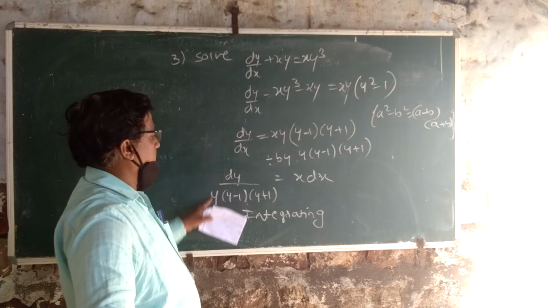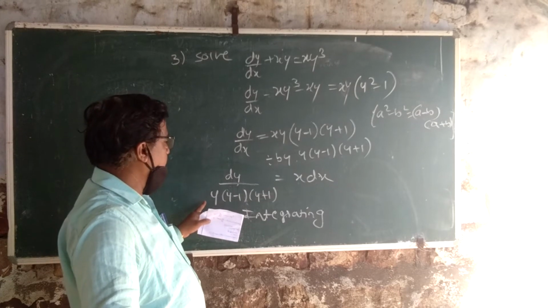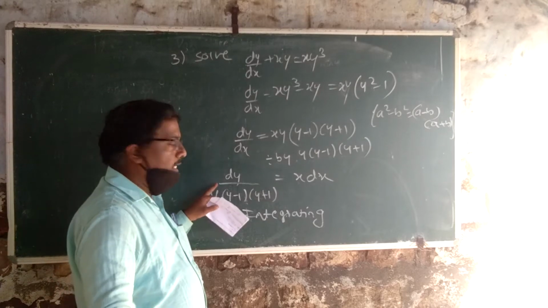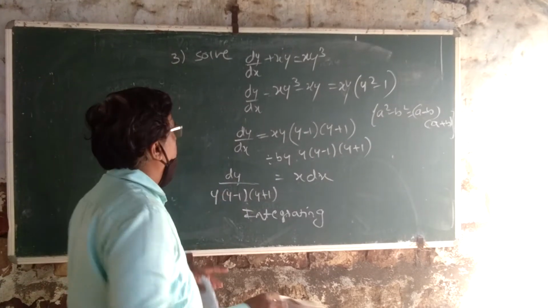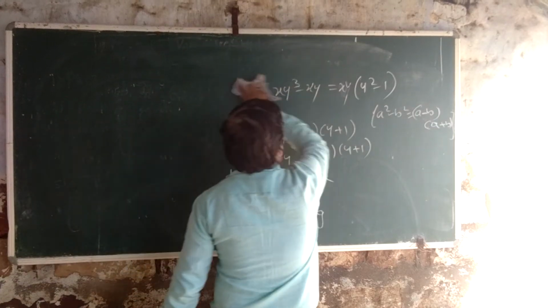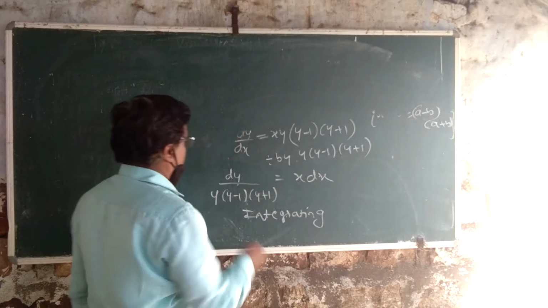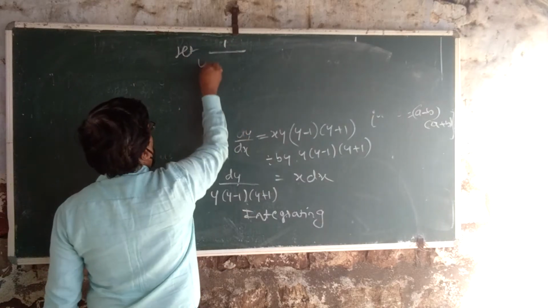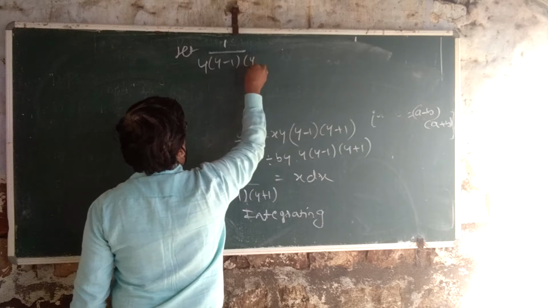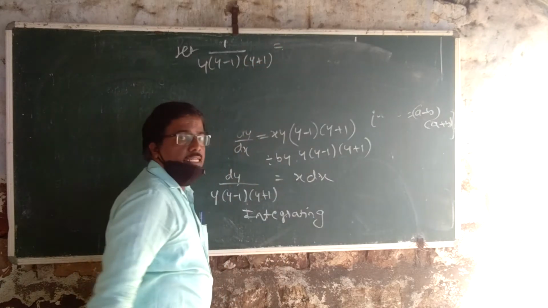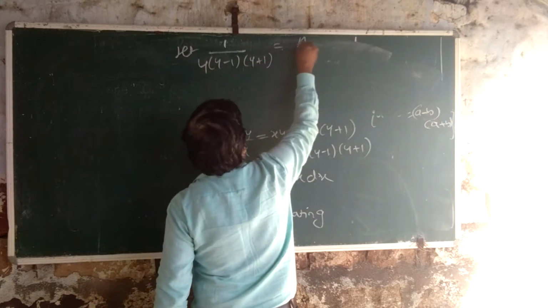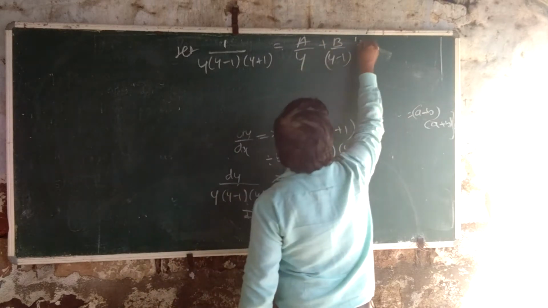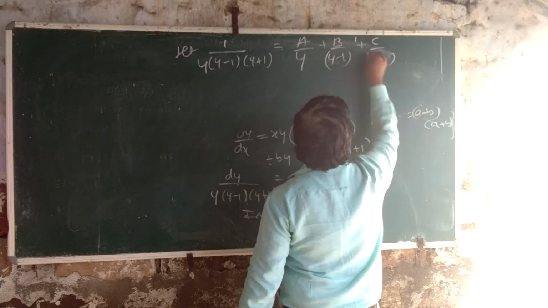Now to integrate this, it cannot be integrated using traditional methods. So for this we apply the partial fraction method. Let 1 divided by y into y minus 1 into y plus 1 be written as a by y plus b by y minus 1 plus c by y plus 1.